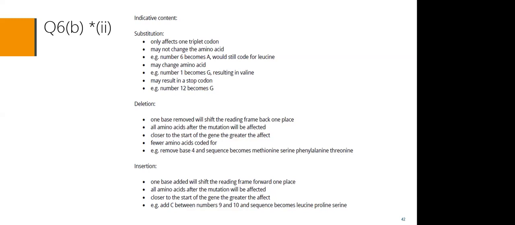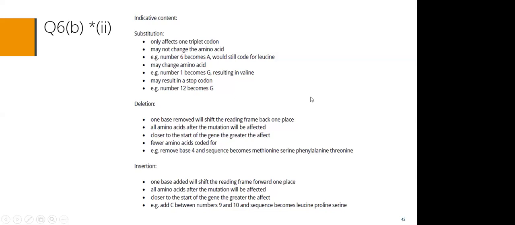If you're talking about change amino acid, e.g. number 1 becomes G, resulting in valine. The illustration for deletion is if you remove base 4 and the sequence becomes methionine, serine, phenylalanine, threonine. So those are the illustrations.